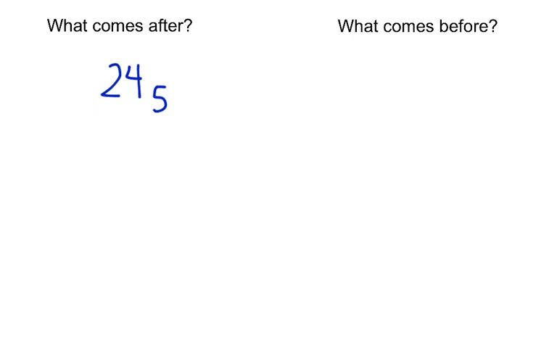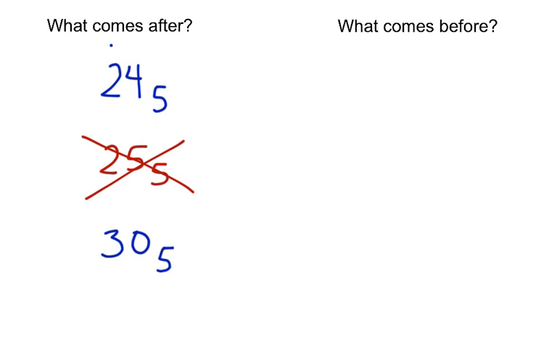Well, my instinct, what I've known my whole life, is to say that 2,5 base 5 would come next. There's a problem there. There aren't any 5s in base 5. So that cannot come next. Instead, once I get past 4, since I can't make 5, this goes to 0, and this has to get bumped up by 1. So what comes after 2,4 base 5 is 3,0 base 5.